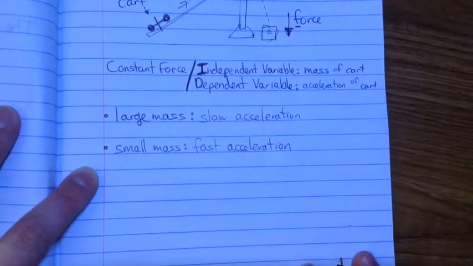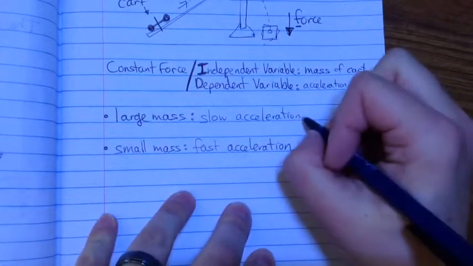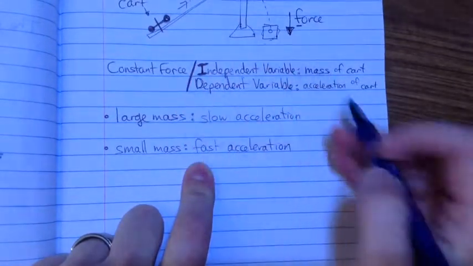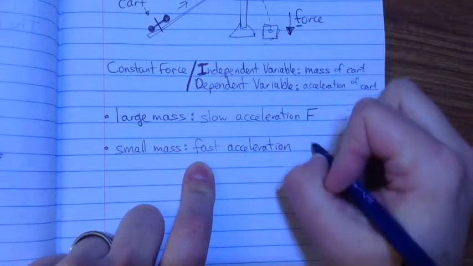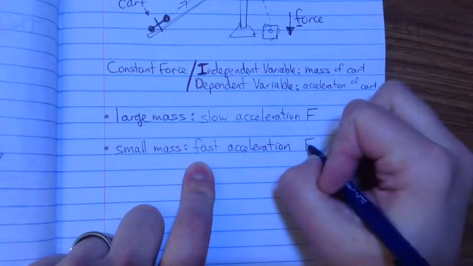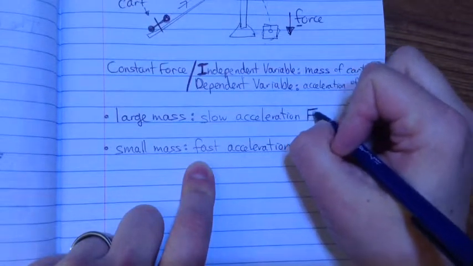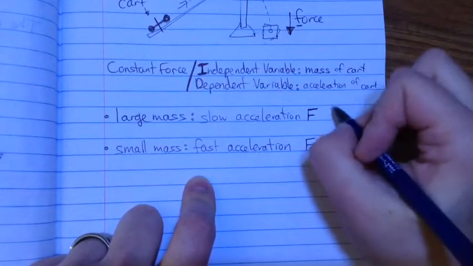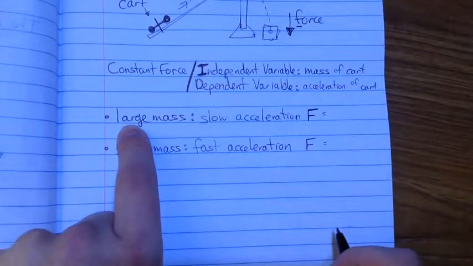Now I want to draw this formula in a visual way. In this setup, the force was held constant. Next to each one of these, I want you to draw an uppercase F, and we want them both to be the same size. The force was the same in both scenarios. However, in this one we had a large mass.